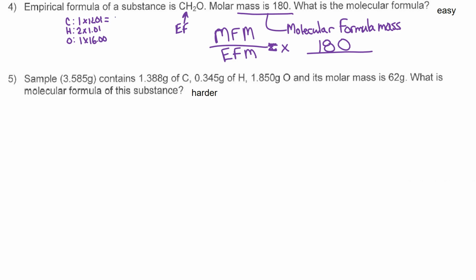So adding those up, 12.01 plus 2.02 plus 16.00 gives us what? So I put 30.03 down here.